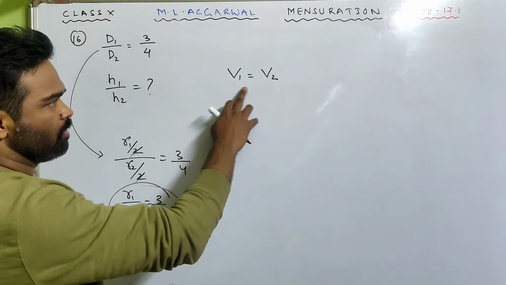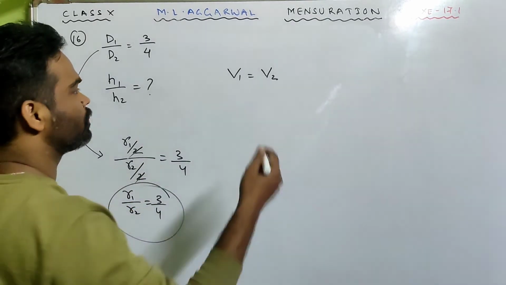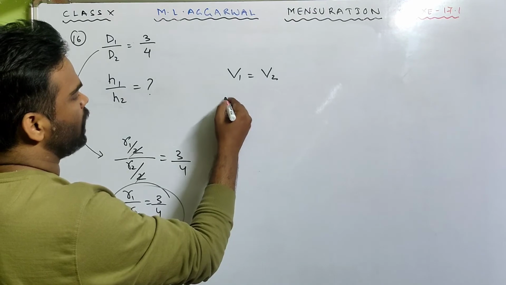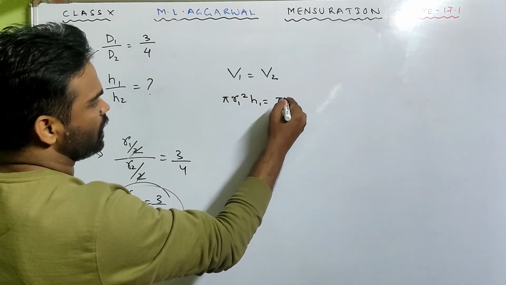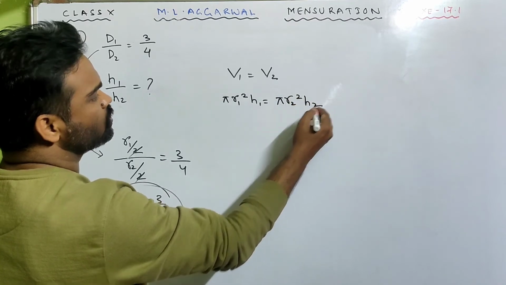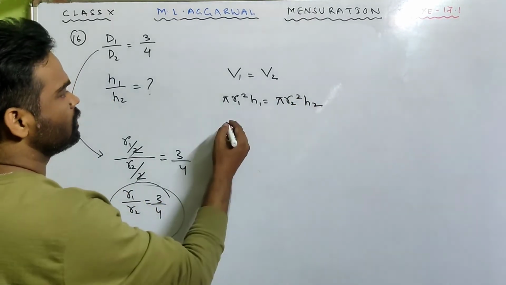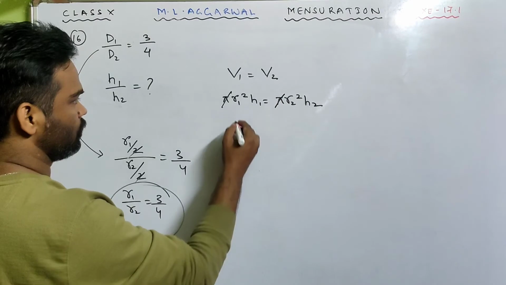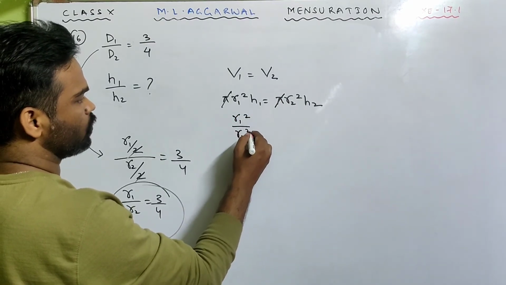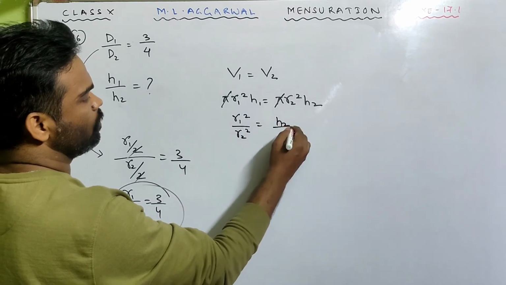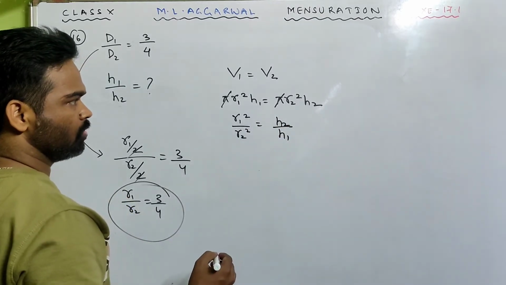Done. V1 equals to V2. We already know. So V1 is what? Pi R1 square H1. V2 is what? Pi R2 square H2. Pi cancels out. R1 square by R2 square is equal to H2 by H1. Yes or no?